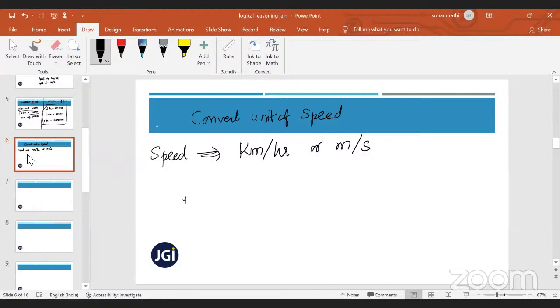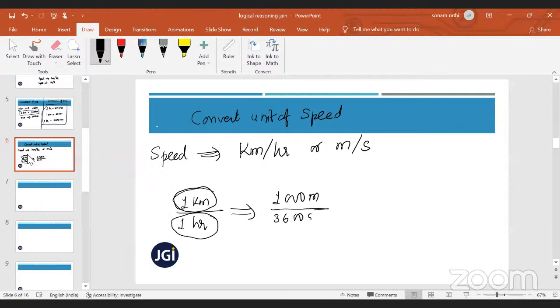Let's say you have 1 kilometer per hour. 1 kilometer is 1000 meter, and 1 hour is 3600 seconds.